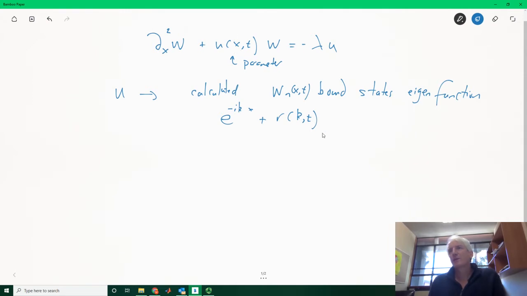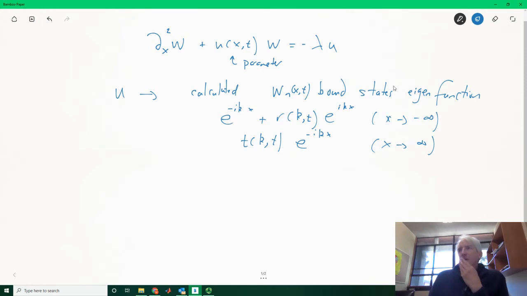So this is the asymptotic form of these. That's as x goes to negative infinity, and then it was t of k comma t. The time comes about because u depends on time, e to the minus ikx as x goes to infinity.